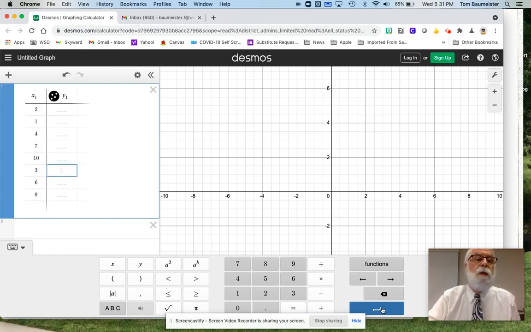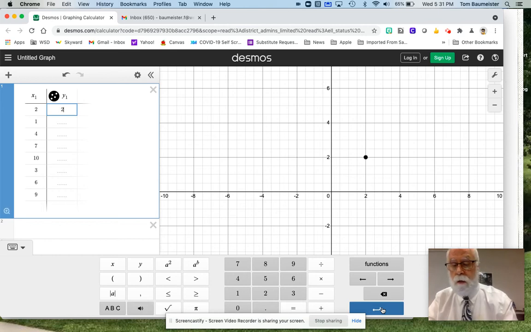And scroll over to the other side and move all the way up and go ahead and do 2.10. Okay.